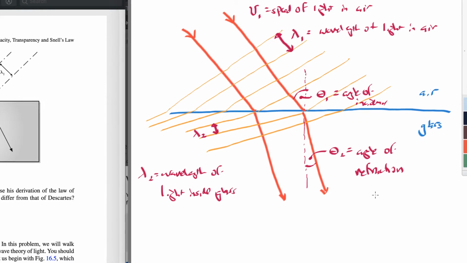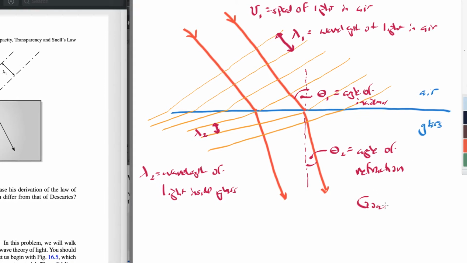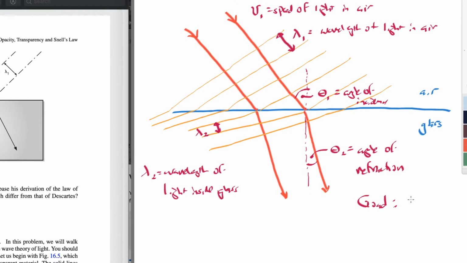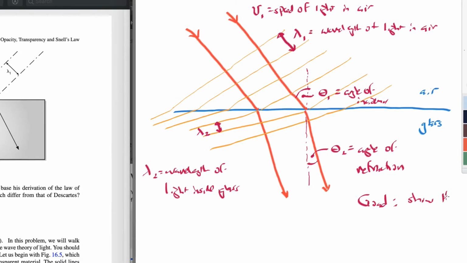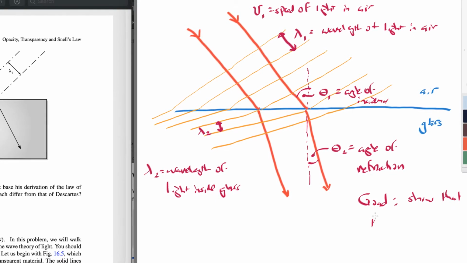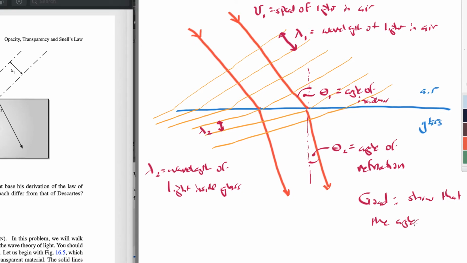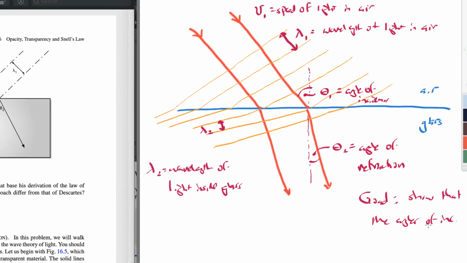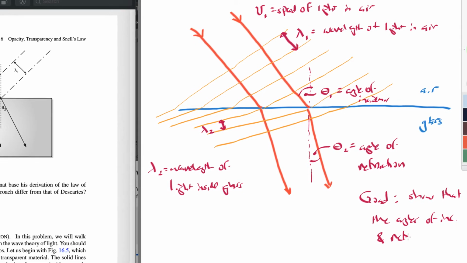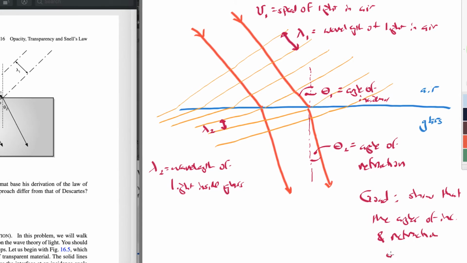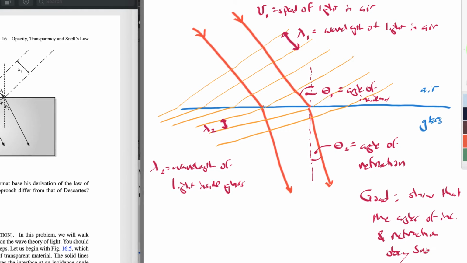And what we're going to do, the goal is we're going to show that the angles of incidence and refraction obey Snell's law.